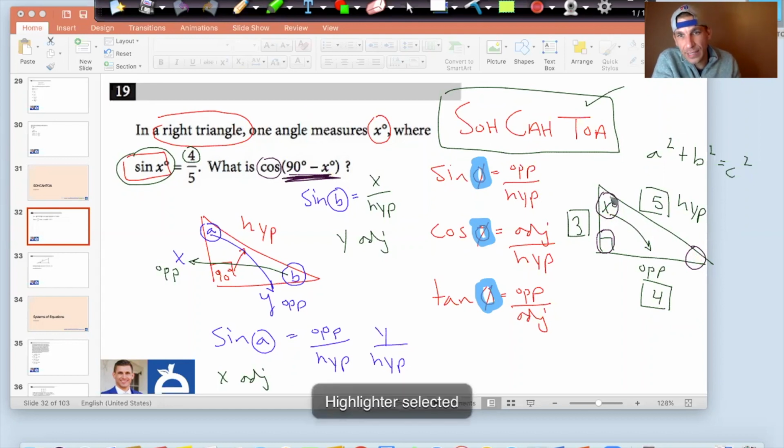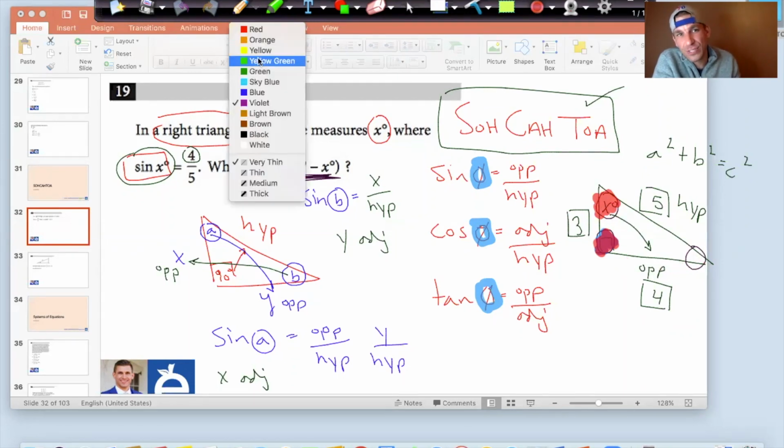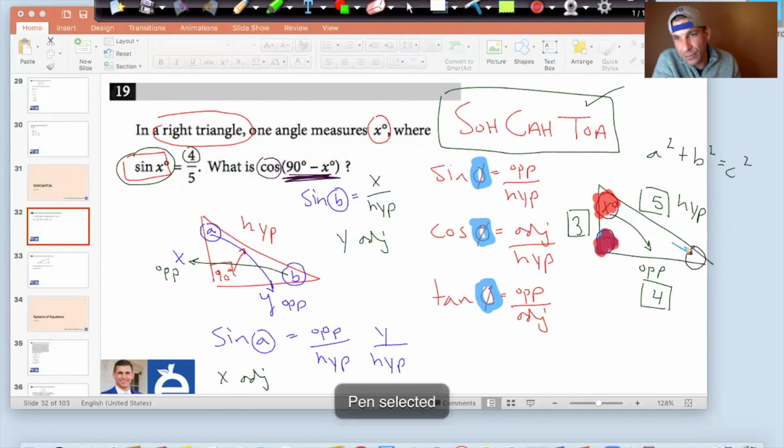So look at this. If I take out my 90 degrees, and I take out my X, what's the only other angle remaining? That's what's funky about this question: this is the angle they're referring to here, which we'll just make Y. So what they're really asking you is, what is the cosine of the other angle?